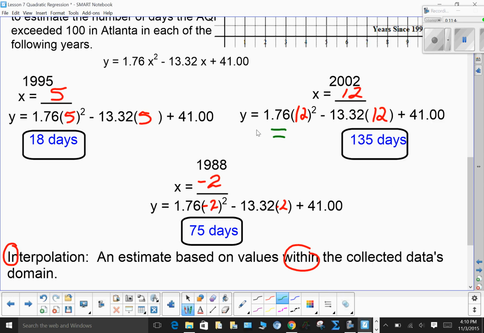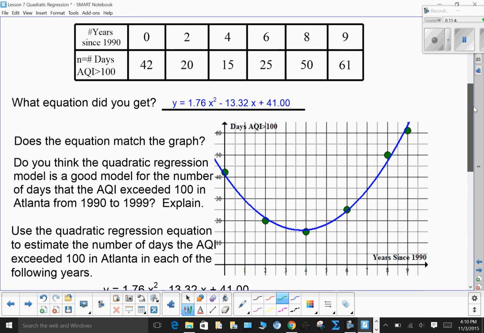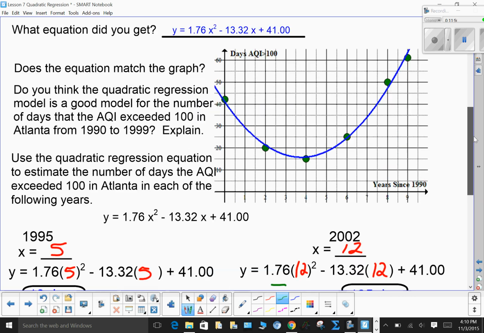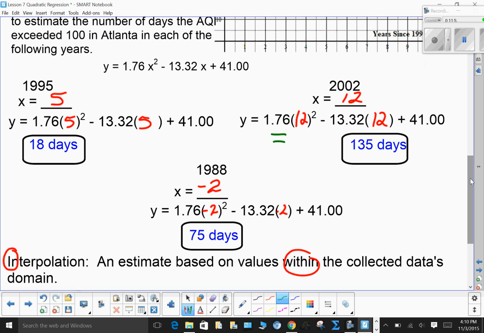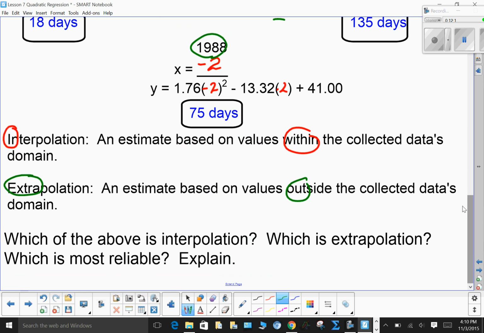Now, when we talk about this, remember that our data was from 1990 to 1999. So I have interpolation here, and I have extrapolation here and here. Extrapolation is outside of my data gathered. Interpolation is within. Which one is most reliable?